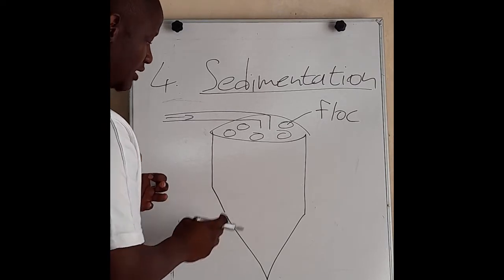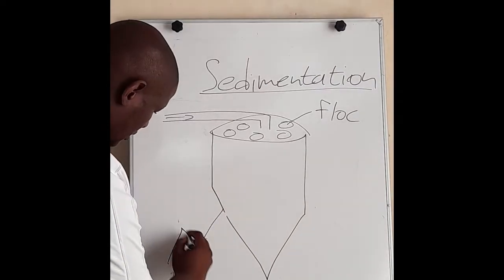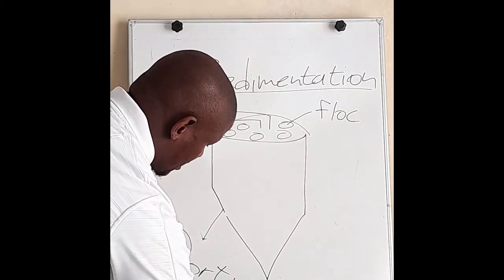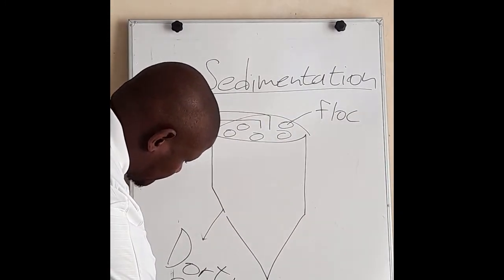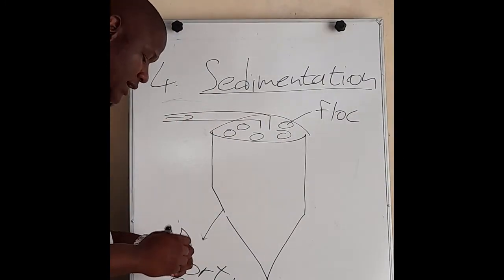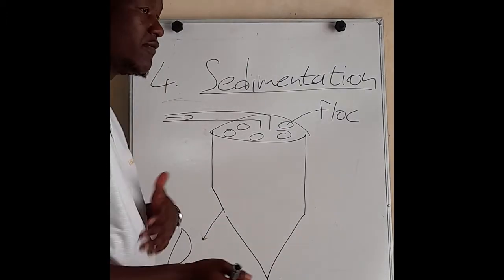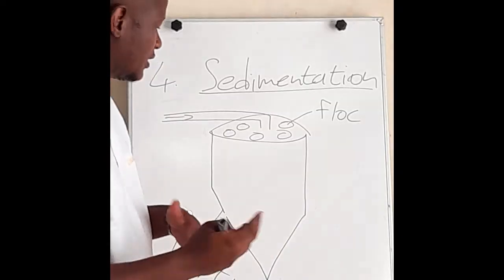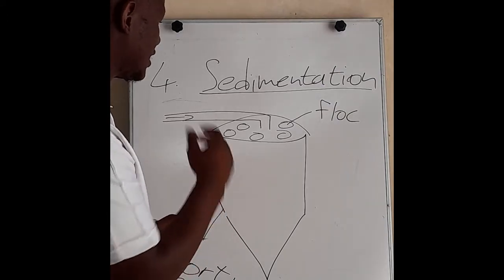This is a sedimentation tank, famously known as the Dortmund sedimentation tank. It's a circular tank. There are different ones: horizontal ones, rectangular ones, so many others, but we'll go through those another time.